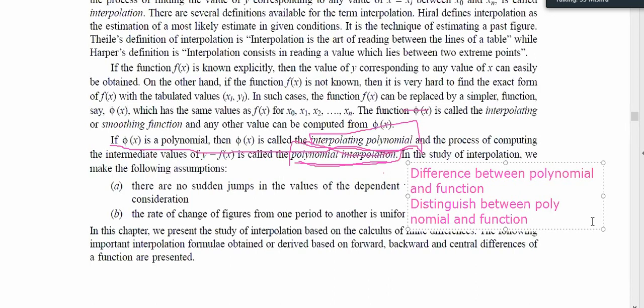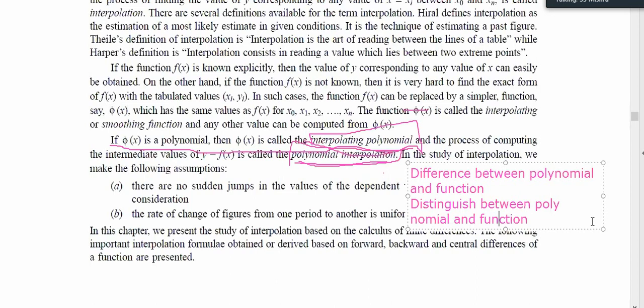Later, we discussed the case of the polynomial. If we apply the polynomial on interpolation, that interpolation becomes polynomial interpolation, and if we apply the interpolation on the polynomial, the polynomial becomes the interpolating polynomial.